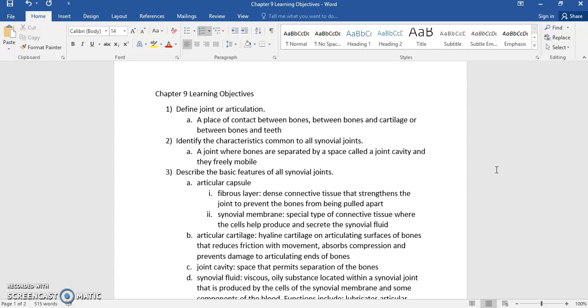Those are all considered synovial joints. You can move around, and you know that in those joints you have an extensive range of motion. You can do a lot of different movements in those areas. So we call them freely movable or mobile because of that characteristic.